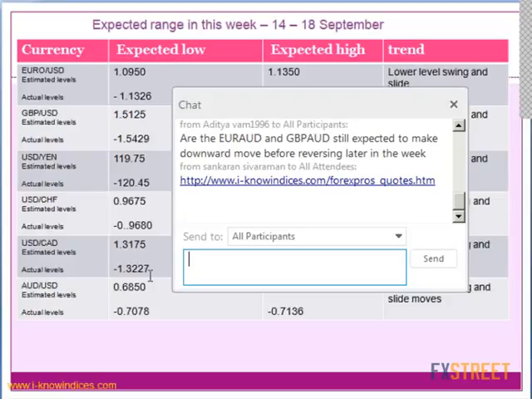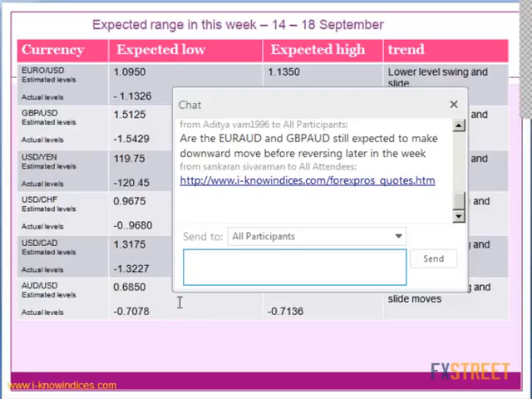And USD CAD is expected to make either way whips or moves. And in the case of Australian dollar, they could make a downward move after this upward move. And then next week, probably they could reverse Australian dollar.